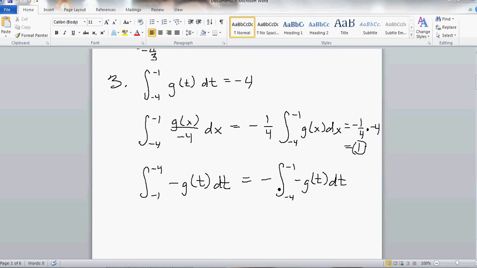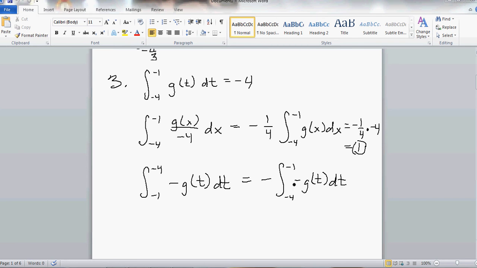If these are exact reverses of what we need, then we just take the negative of it, and then invert those two numbers. So the negative, and then I can invert these to -4, -1 of negative g of t.